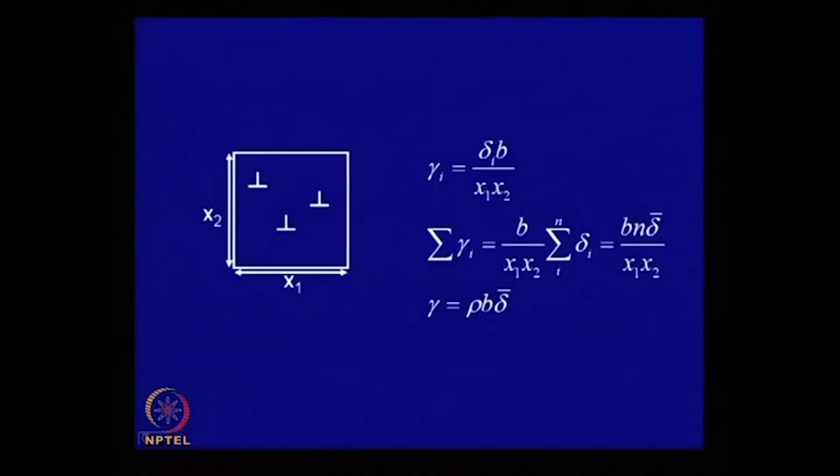Now, if you know the dislocation density, it is possible to relate it to the magnitude of shear strain, which is shown here. If one dislocation moves from this end to that, that means it moves a distance x1, it creates a slip step of magnitude b.